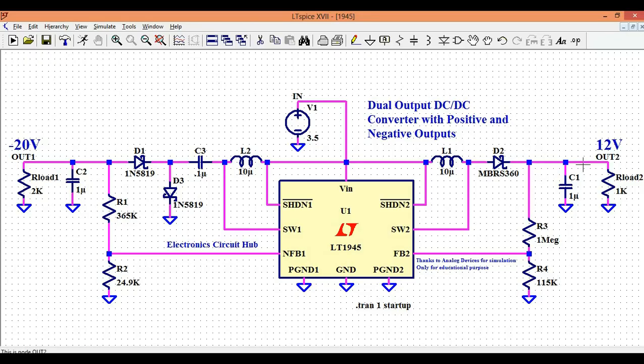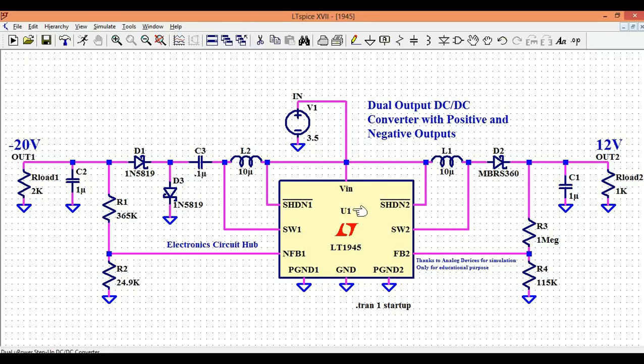The output voltage I have mentioned is positive 12 volt, and it is also going to generate negative 20 volt with an input of 3.5 volt. By using this DC-DC converter IC LT1945, you are going to generate both positive and negative outputs, that is 12 volt and 20 volt.